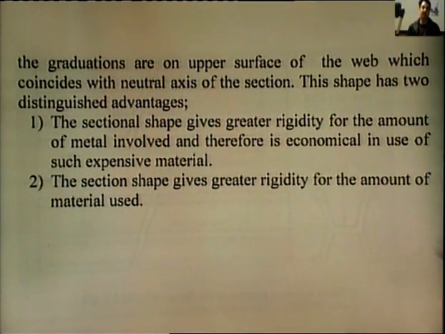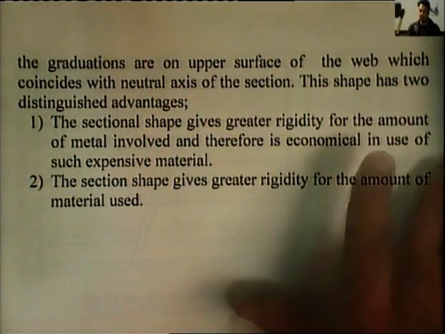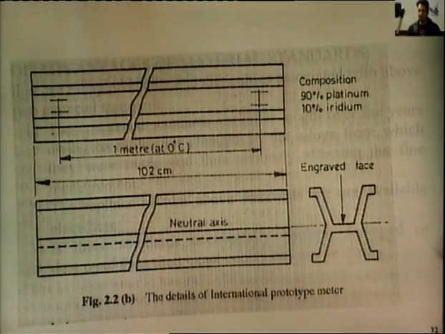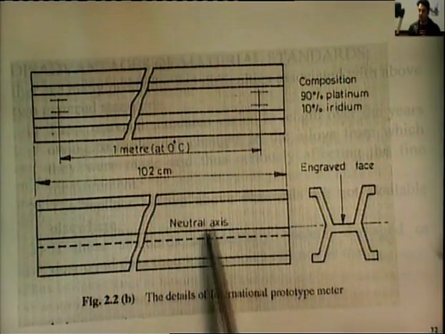This shape has two distinguished advantages. Number one, the sectional shape gives greater rigidity for the amount of metal involved and is therefore economical in the use of such expensive material. Again in the drawing we can see that the marking is done on the neutral axis.